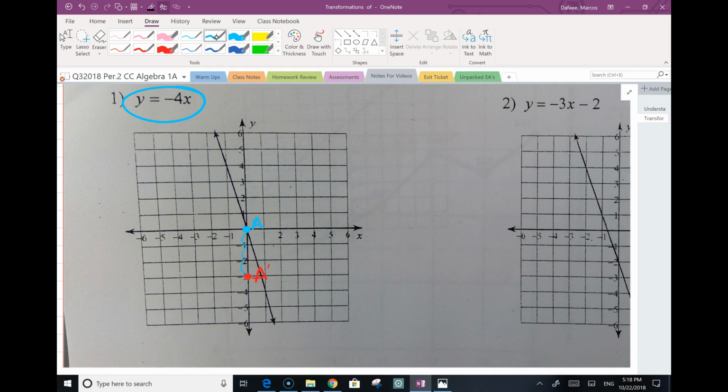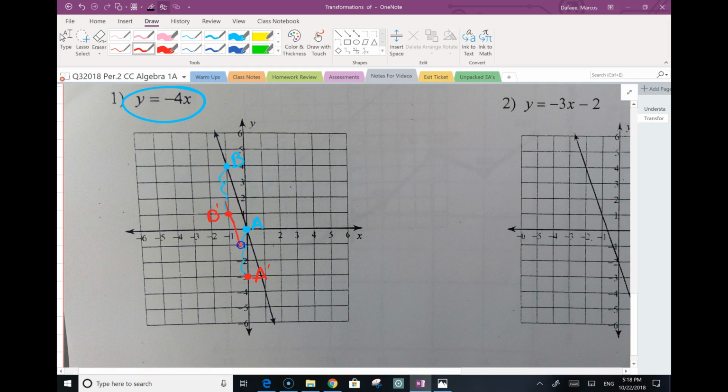And then I'll grab another point. So another good point would be this one over here, and I'll call that B, and I'll move it down by 3 units. So 1, 2, 3, and I'm going to anchor it right here, and this will be my B prime.